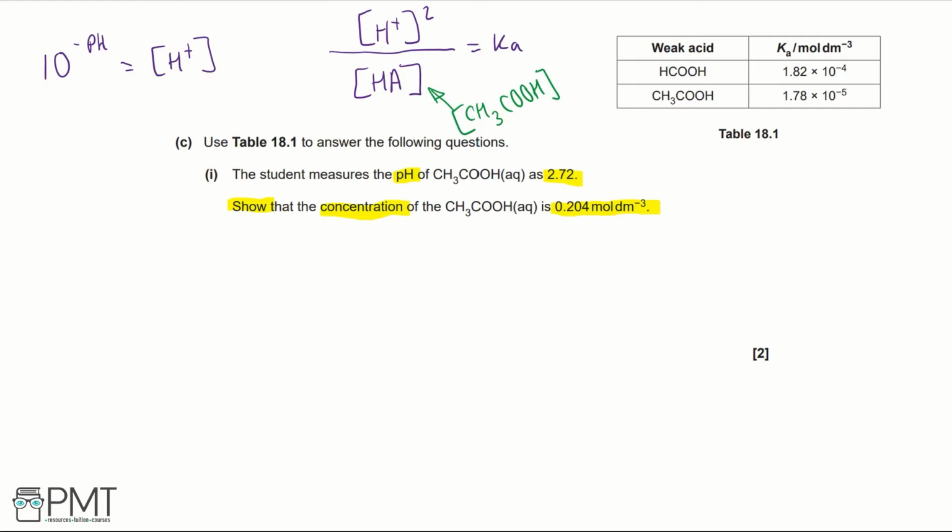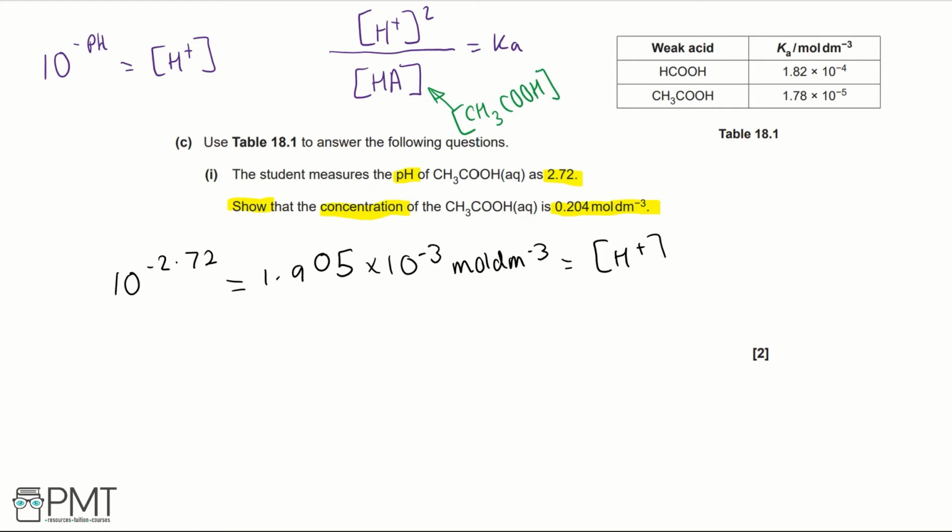So starting off with this first equation, 10 to the negative pH. So that's going to be 10 to the minus 2.72. And that equals 1.905 times 10 to the negative 3 moles per decimeter cubed. So that's the concentration of H+.